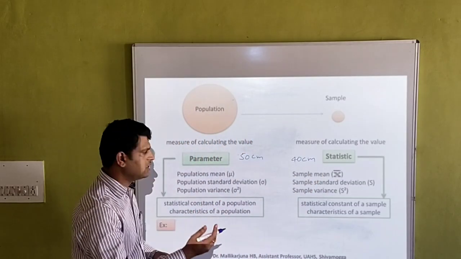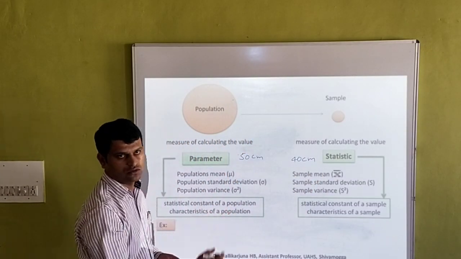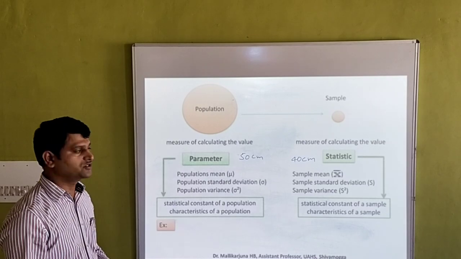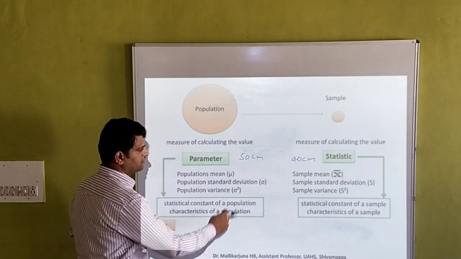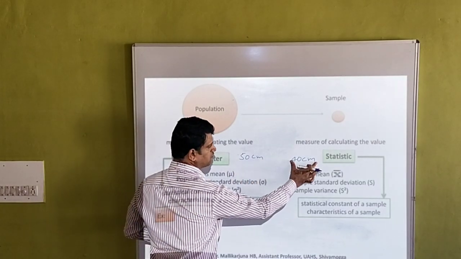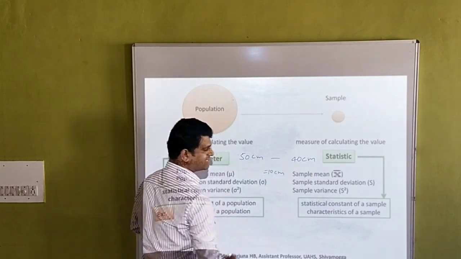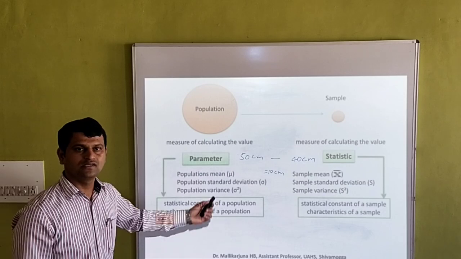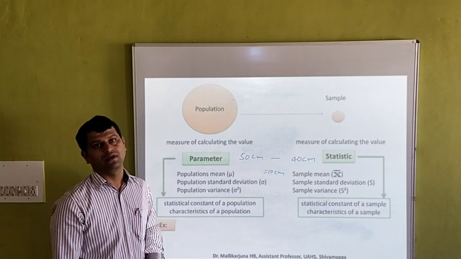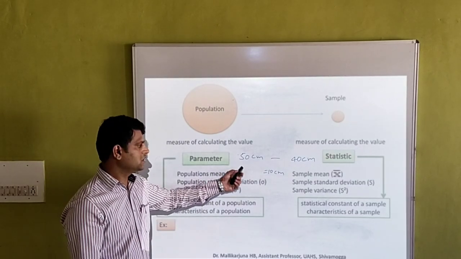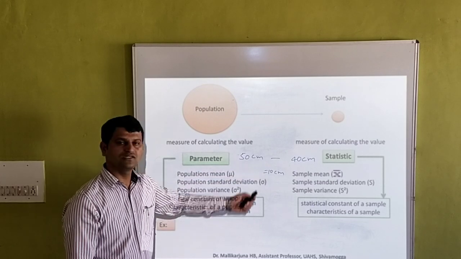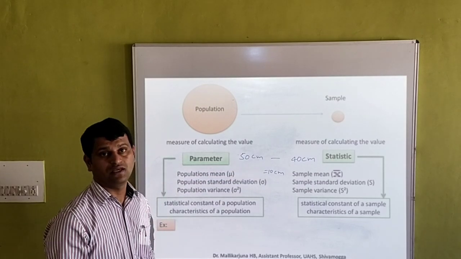Of course, it can vary or it may be equal also; that depends on the situation. The difference between 50 centimeters and 40 centimeters is 10 centimeters. That difference is known as sampling error.